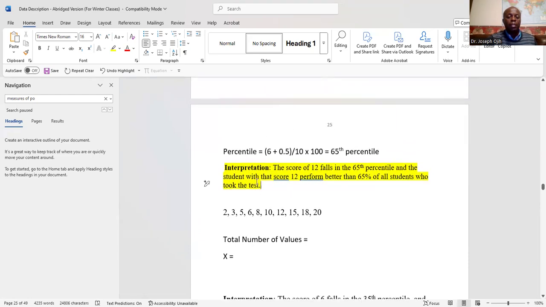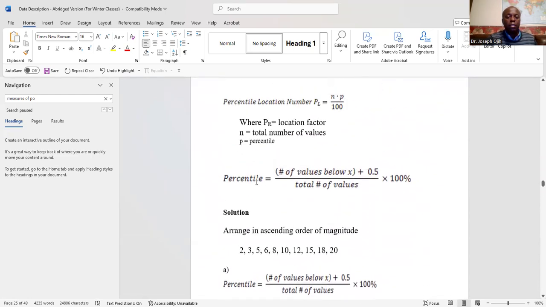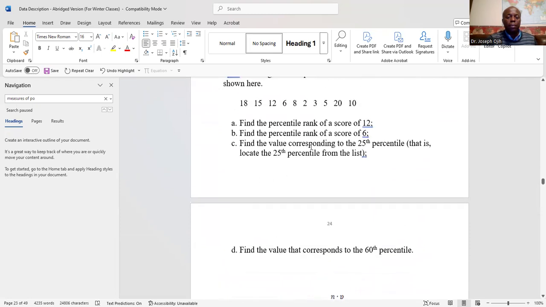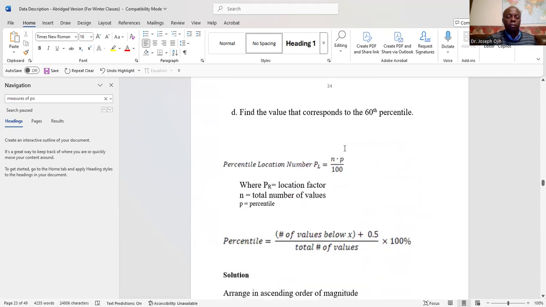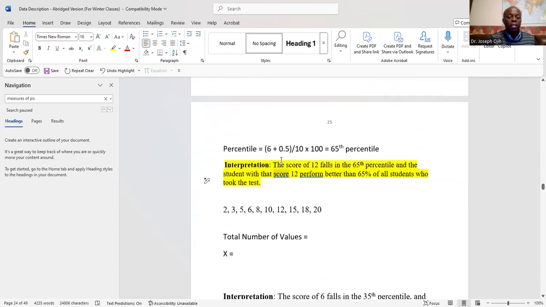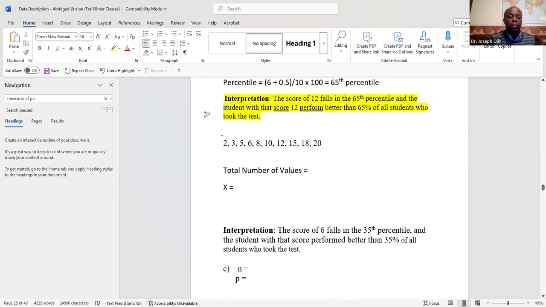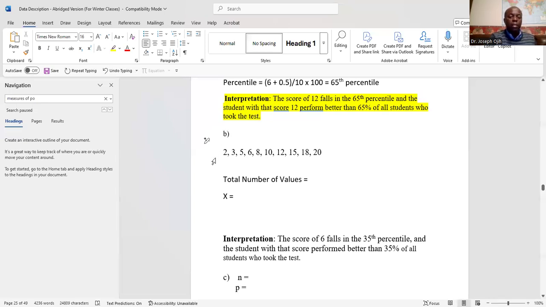Now let's answer part B, which says, find the percentile rank of the score of 6. Again, the total number of values is 10.